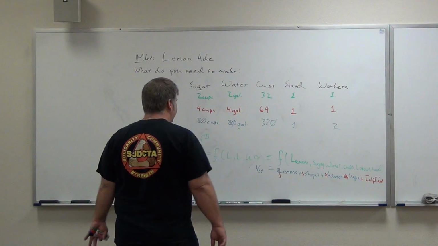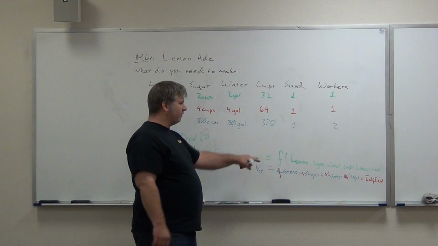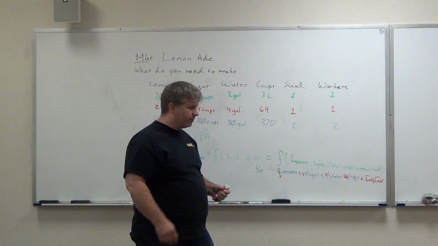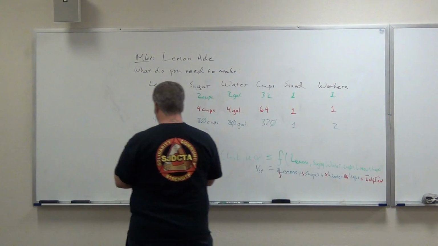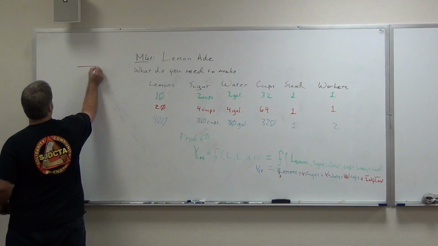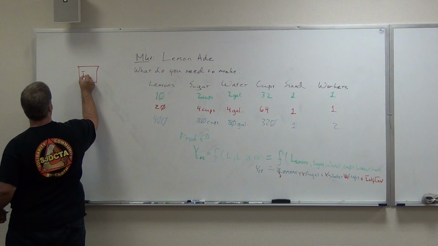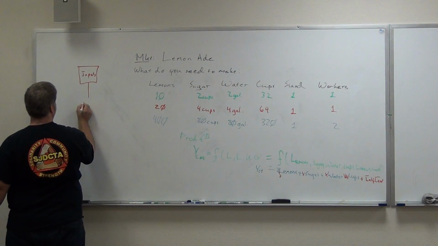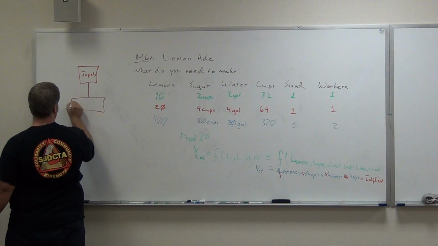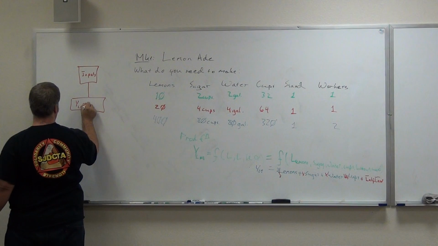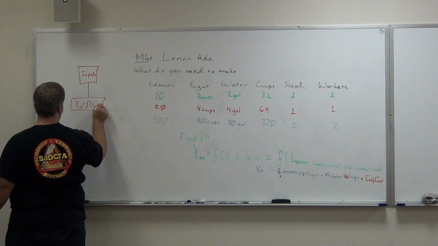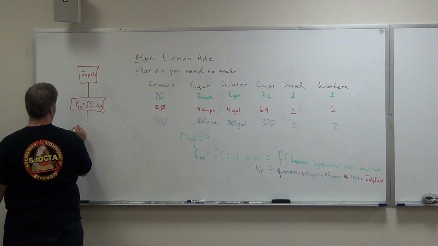So this is what the production function does. It tells us for a given amount of lemons that we can maximize and create a certain amount of lemonade. So the goal really is we take inputs, we connect them through to our production function, and we get some output.